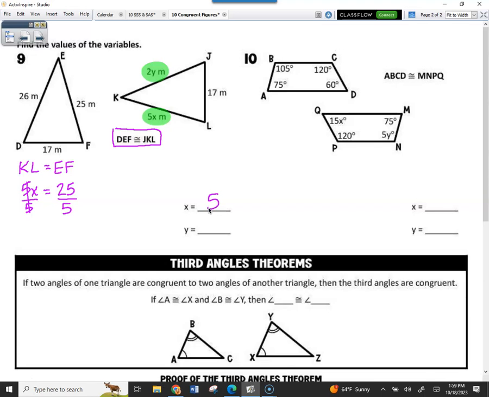KL is the side that has 5x. EF has 25. Okay, what side has 2y? KJ or JK. KJ is 2y. ED is what? 26. Okay, and divide by 2 and you get 13.